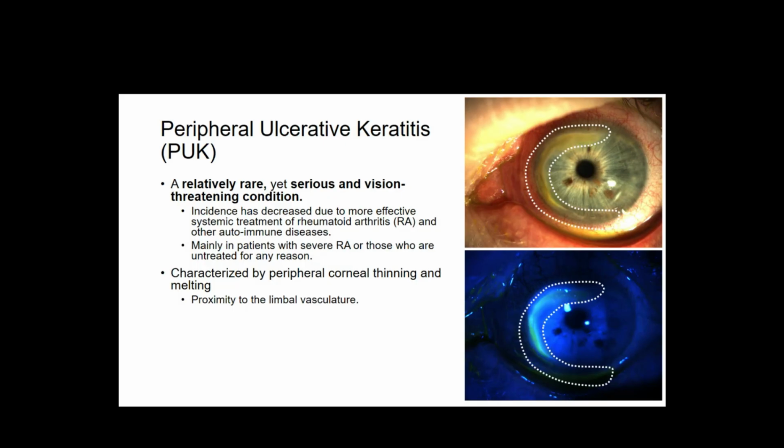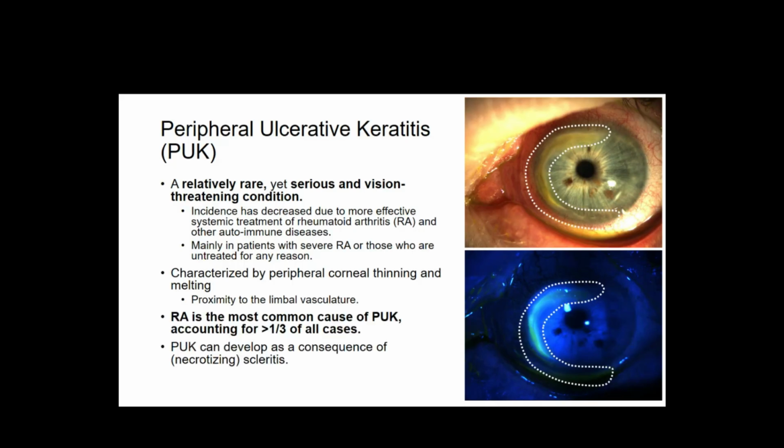Normally, of course, the central cornea doesn't have blood vessels, and that's why the peripheral cornea is involved. As I said, rheumatoid arthritis is the most common cause, detectable in almost one third of the patients who have peripheral thinning and ulcerations.